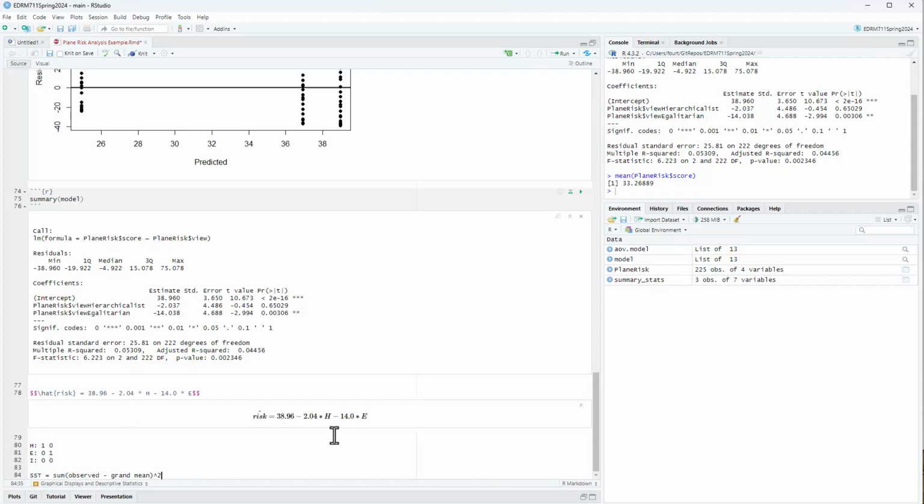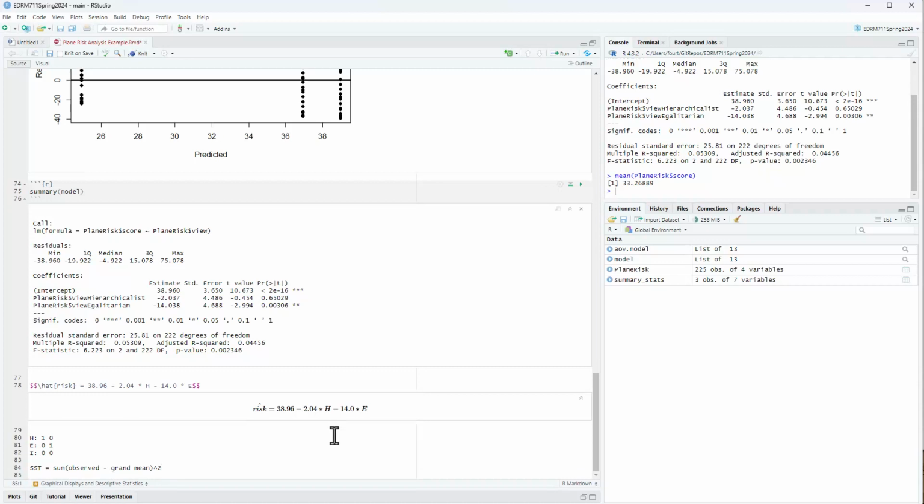Our sums of squares explained, or modeled, is the predicted minus the grand mean, squared, but it's done for every single person.